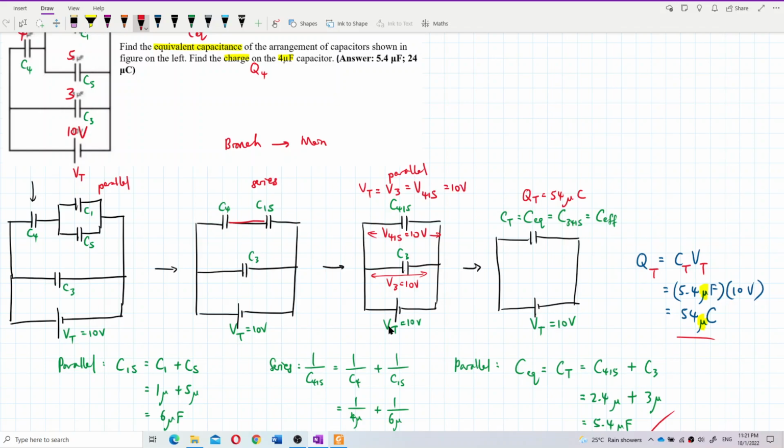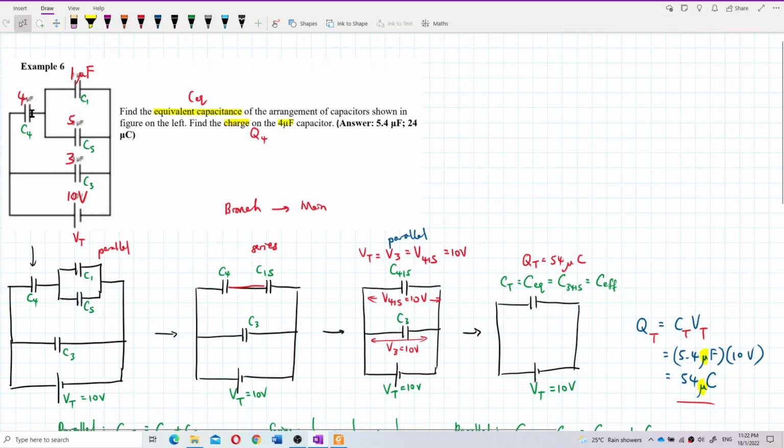Okay, this will help us. I change the color a little bit, to blue. Because we want to find Q4, right? We want to find the charge on C4, so we need to work step by step.